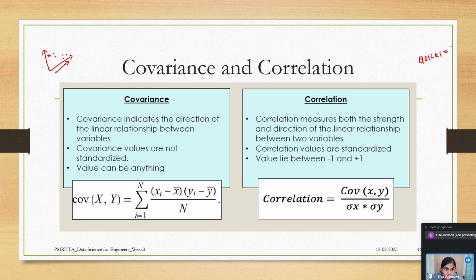Inverse relation means that as long as the glucose value is increasing, this value will be decreasing. So if you plot these two, you will get inverse values: when this is increasing, this will be decreasing.